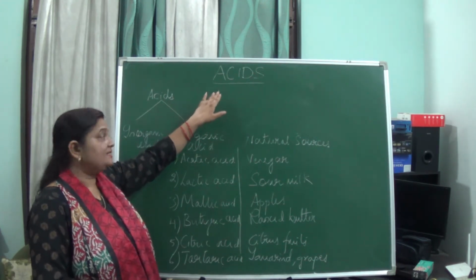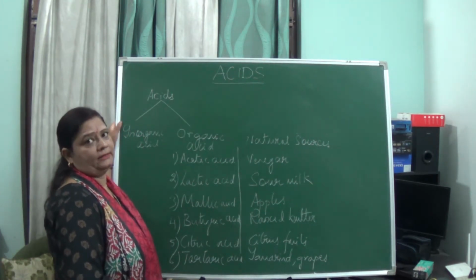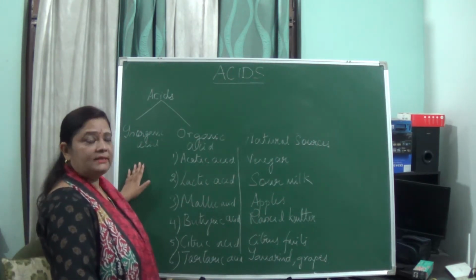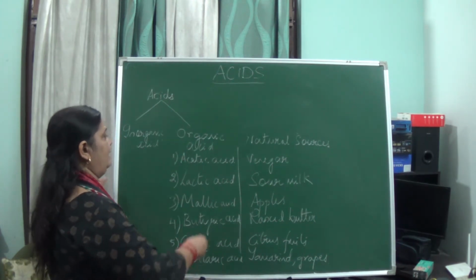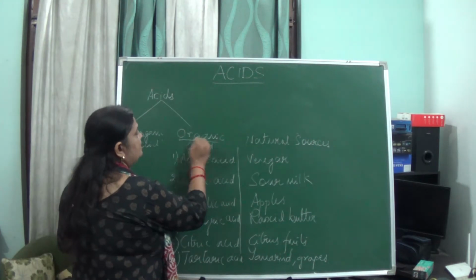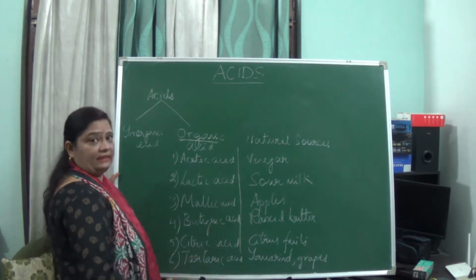Now, acids are of two types according to their occurrence: inorganic acid and organic acid. When I am saying organic, this word means it is obtained from what? Living organisms or living things.